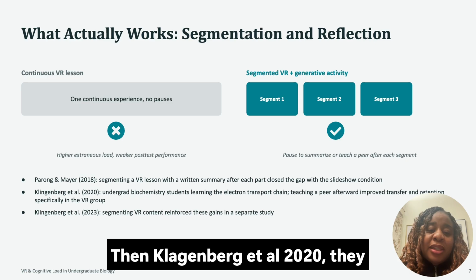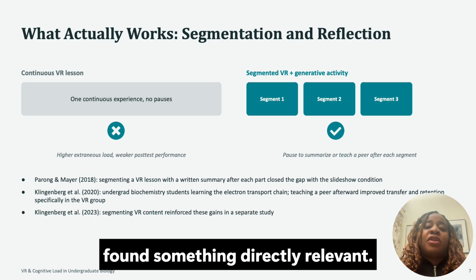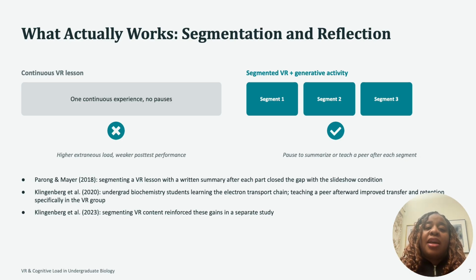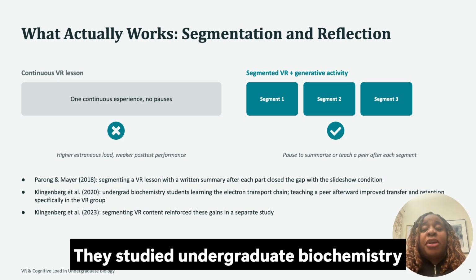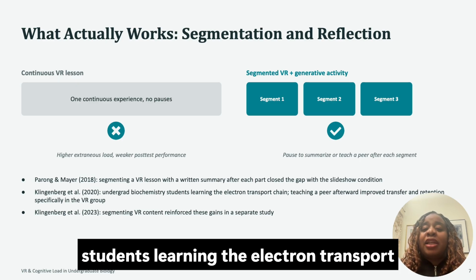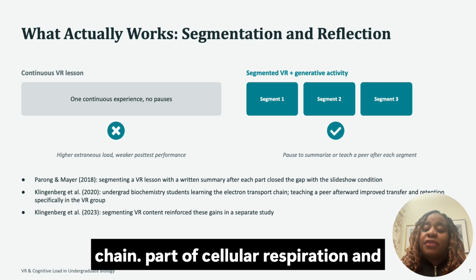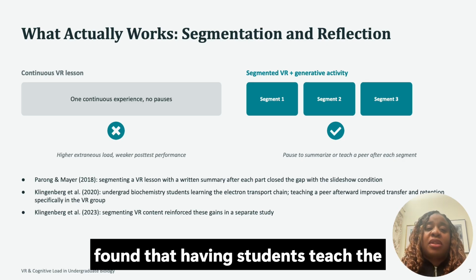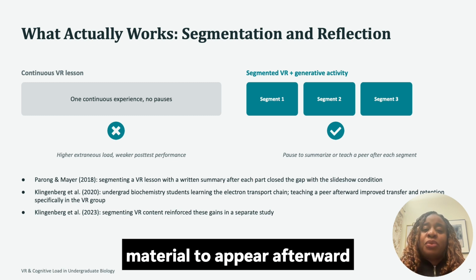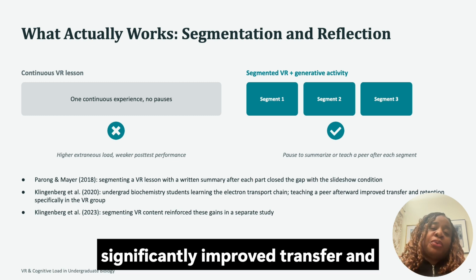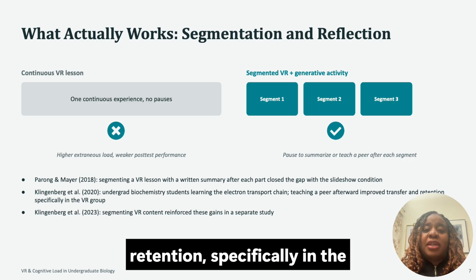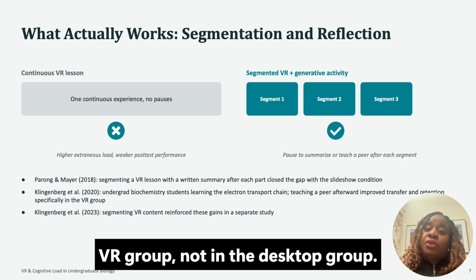Then Klingenberg et al. 2020 found something directly relevant. They studied undergraduate biochemistry students learning the electron transport chain, part of cellular respiration, and found that having students teach the material to a peer afterward significantly improved transfer and retention, specifically in the VR group, not in the desktop group.